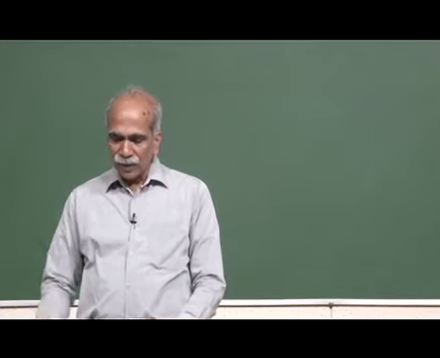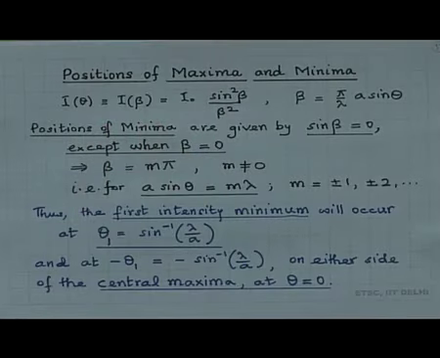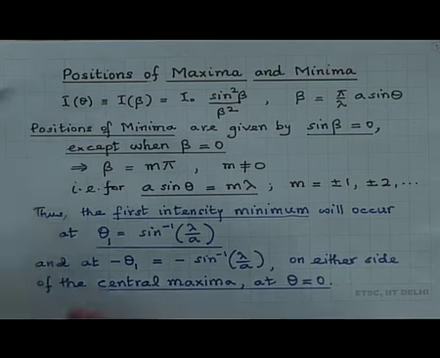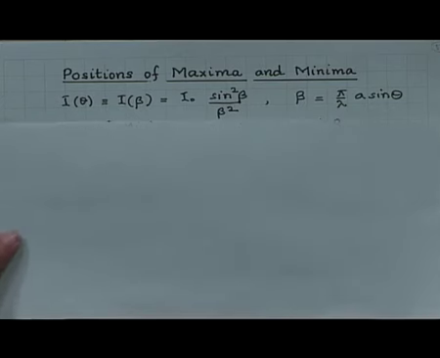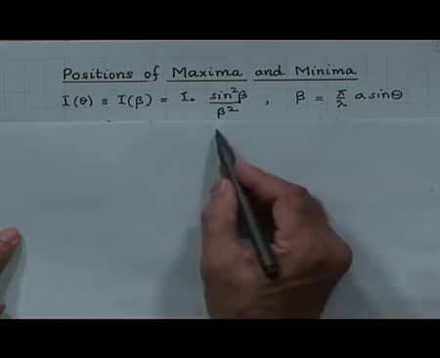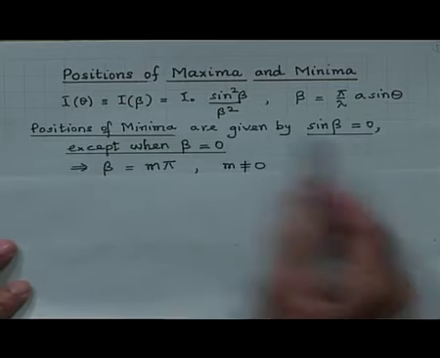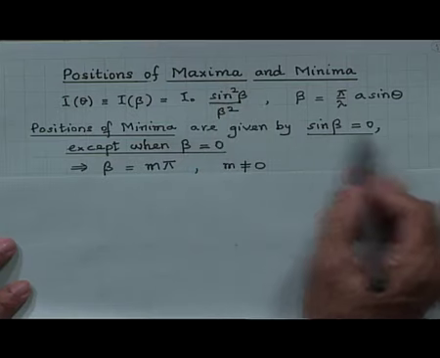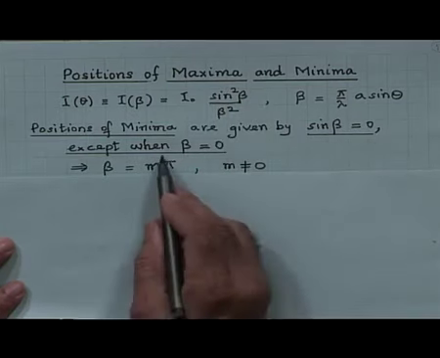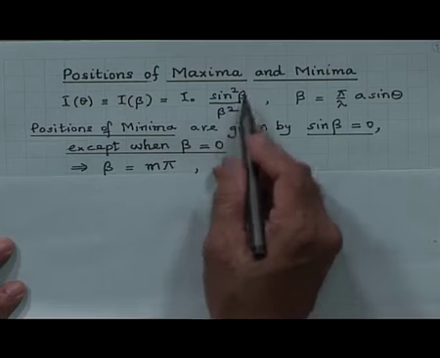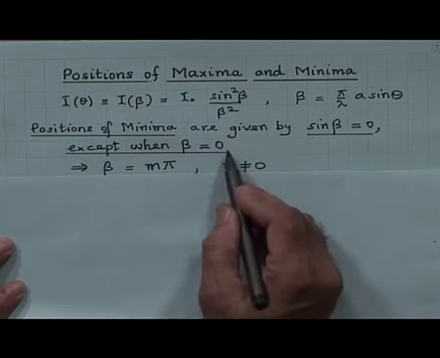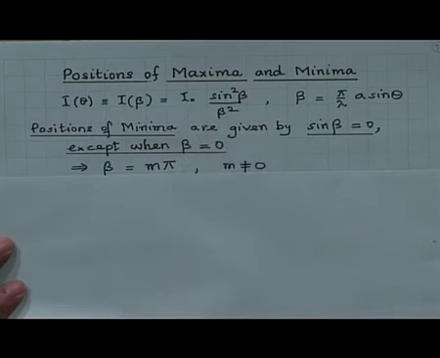So, here I of theta is given by I0 sin square beta by beta square, beta is this. Positions of minima are given by, when the numerator is 0, sin beta is equal to 0, except when beta is equal to 0. We have already seen this discussion. At beta is equal to 0, it is equal to I0.